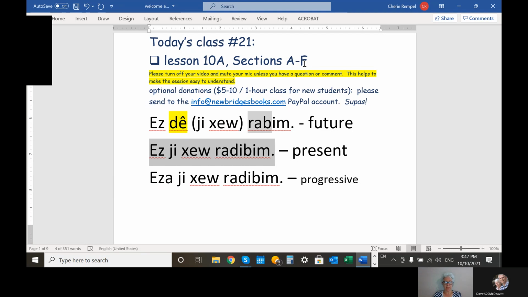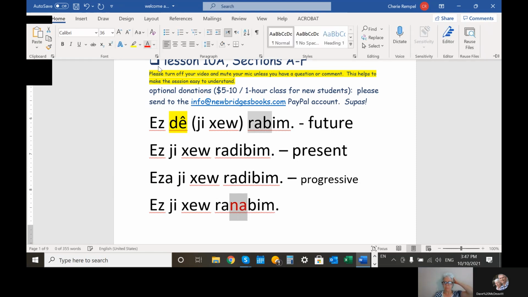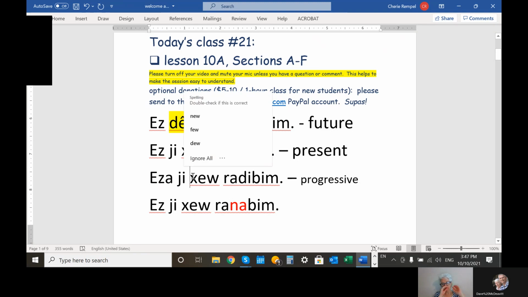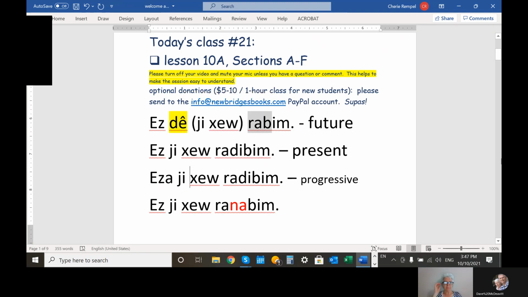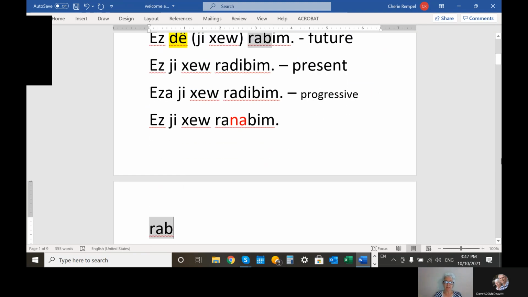I'm going to take the present and modify it. So here's my present. I'm going to get rid of that di. Boop. And instead, I'm going to put na in the place of the di. And that means won't.